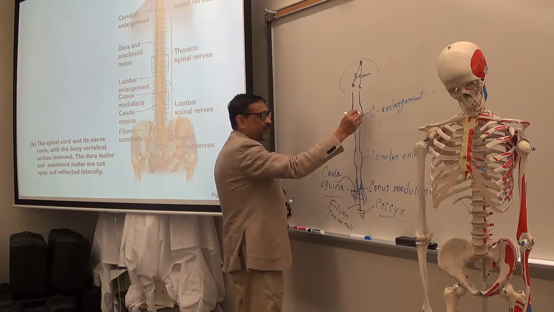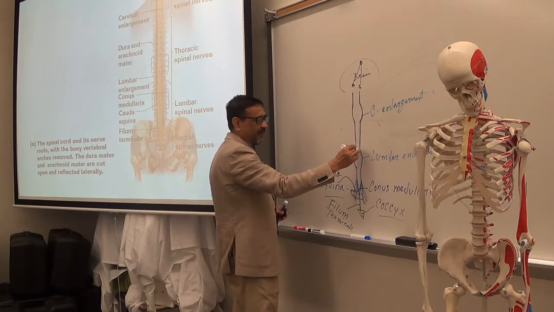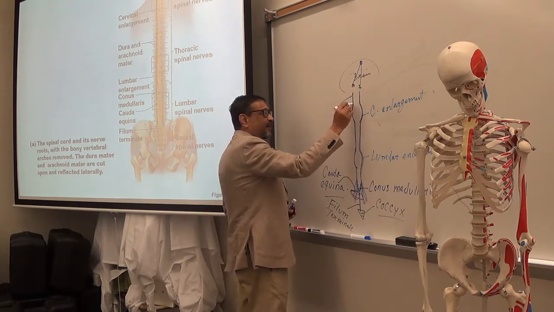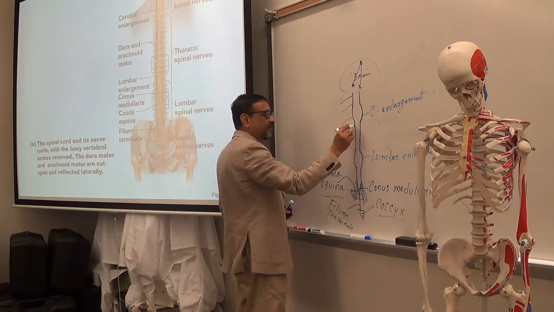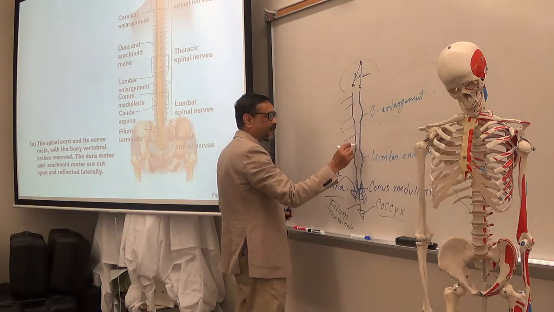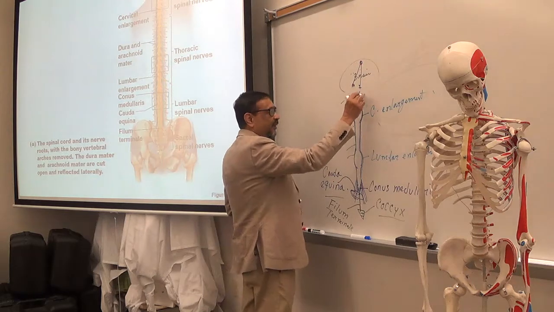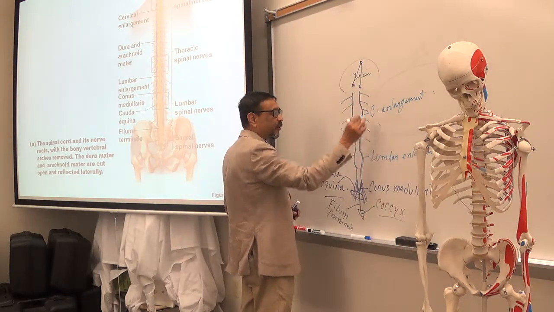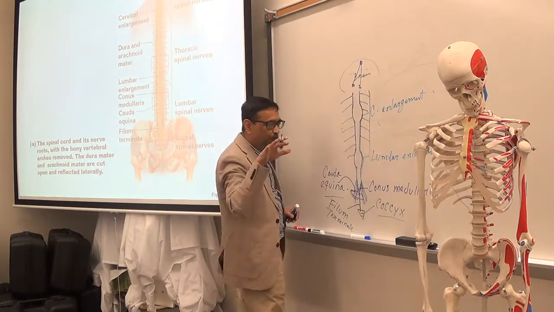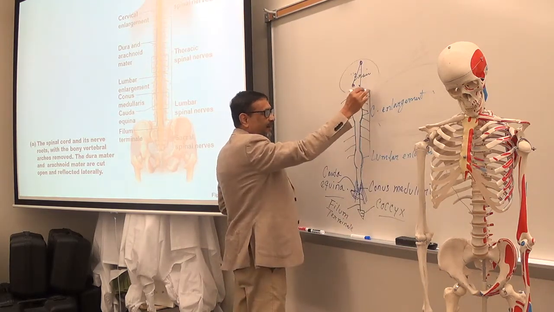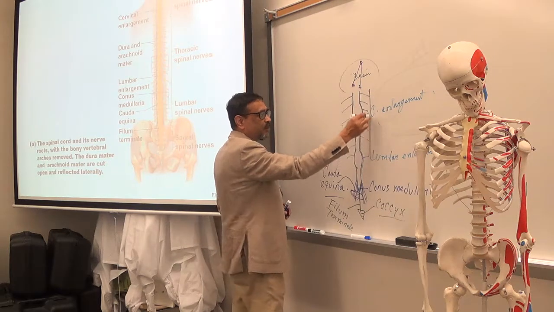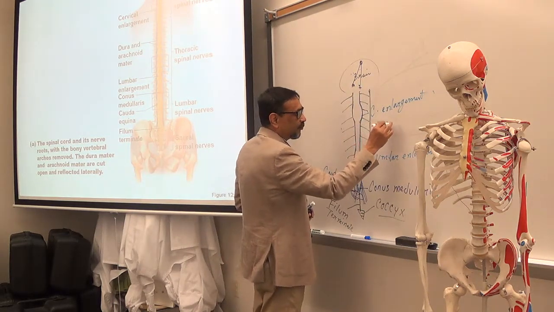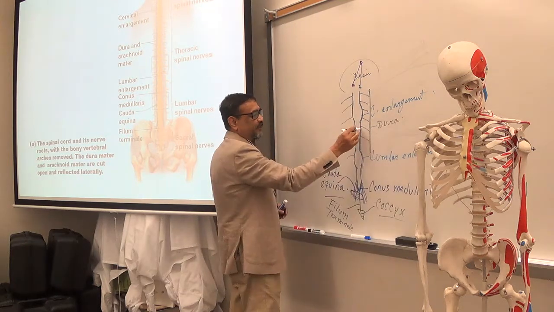innermost meninges. And from pia mater, a number of ligaments arise. So these are the ligaments, and they go to the dura mater. They pass through the arachnoid and get attached to the outermost layer, that is the dura. And this is pia.